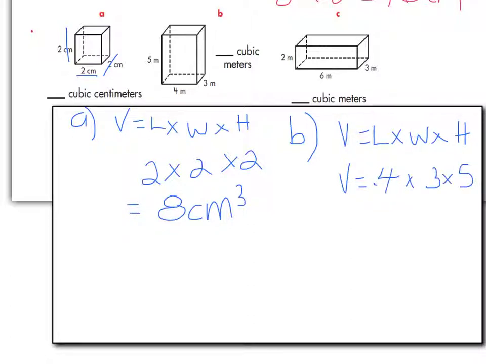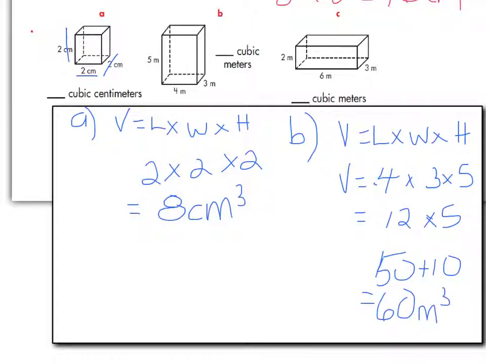But again, it does not actually matter what order you multiply them in, thanks to the commutative property. 4 times 3 is 12. 12 times 5. Well, we can break this apart. 10 times 5 is 50. 2 times 5 is 10. 50 plus 10 is 60. So 60 meters cubed. Remember to look at the units. This is meters now, no longer centimeters.